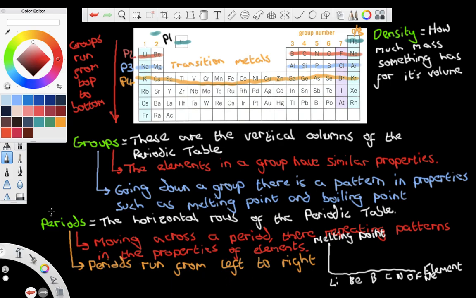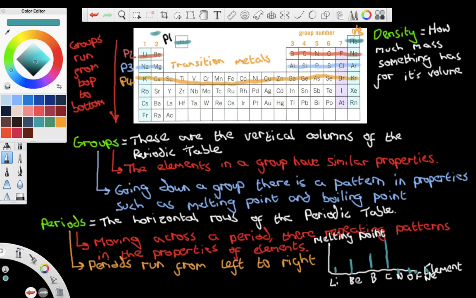If we were to draw a graph of these results, what you would get is lithium, then beryllium, then boron, then carbon, and then after carbon, they would go into the minus figures, so they would be much lower. And you would get this repeating pattern every time you go across from one period to another.